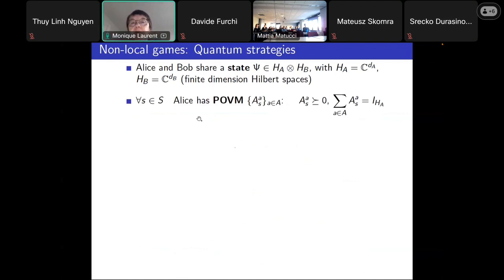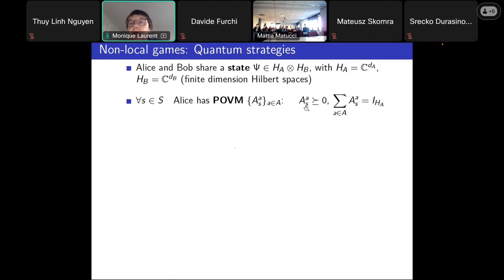And before, Alice had private randomness, which was having a random probability, having this probability XAB on her possible set of answers. Now the analog of this is having matrices. So instead of the little scalar XAS before, now we have matrices, which I've now denoted by A, indexed by the answers and the questions of Alice.